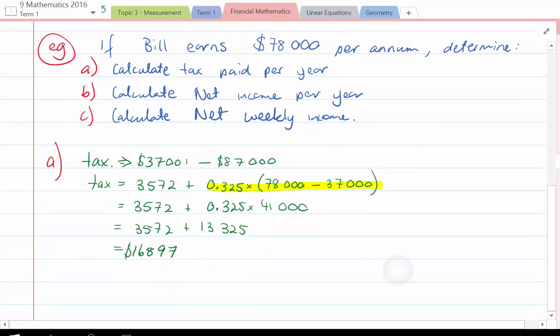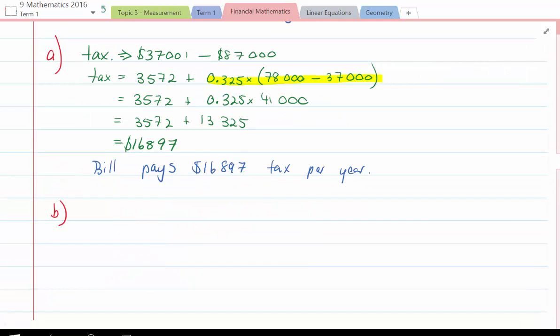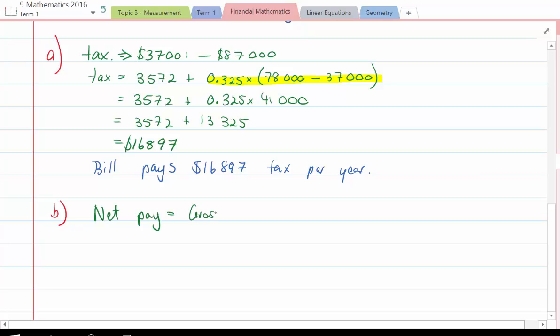So there we have it. Bill pays $16,897 tax per year. When we look at calculating his net pay then, net pay will be equal to the gross income, gross pay, subtract the tax and deductions, but we're not dealing with deductions at the moment.